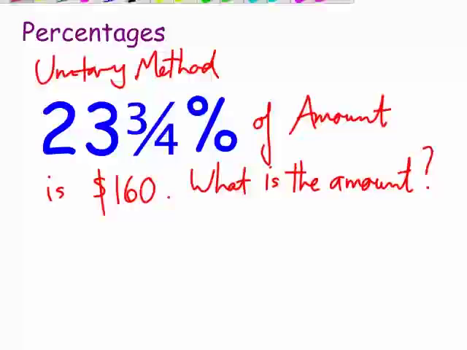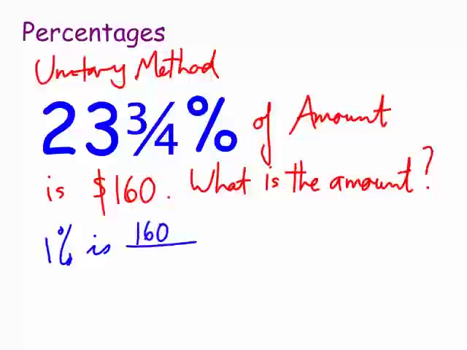So let's do that in blue. We know that 1% is 160 divided by 23.75. Now this is 1%. Now we need to multiply that by 100 to build it back up to the original amount.